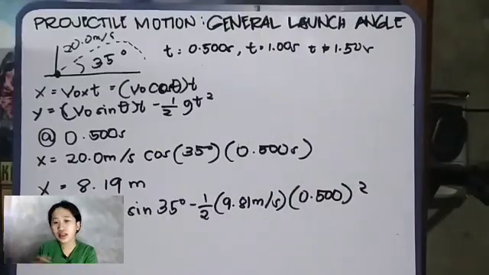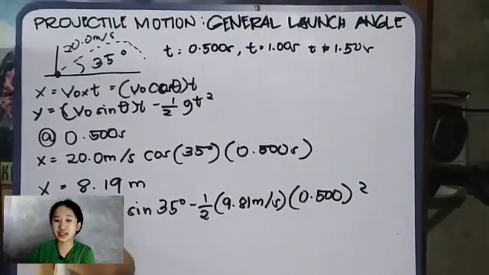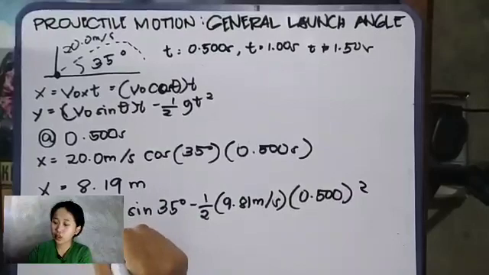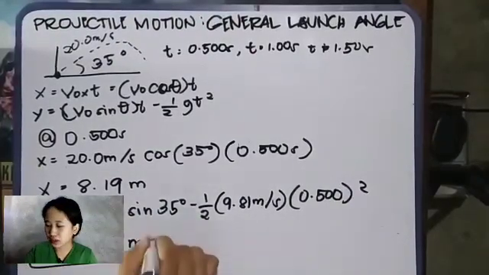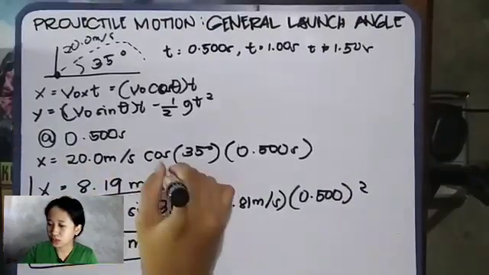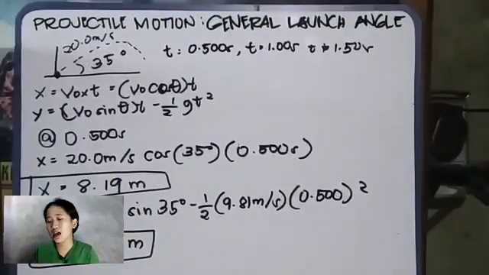So, i-compute lang natin sila lahat and ang kalalabasan niyan is 4.51 meter. So, ayan, nakuha na natin yung dalawang position na x and y sa oras na 0.5 seconds.